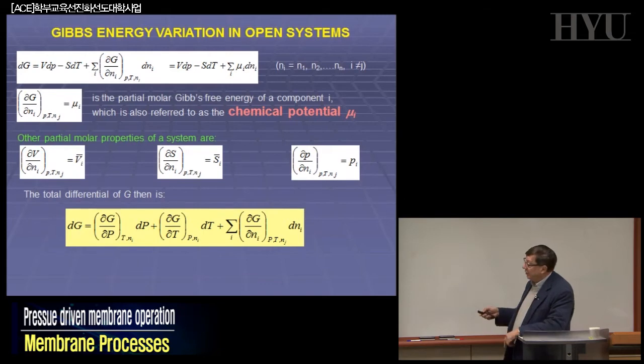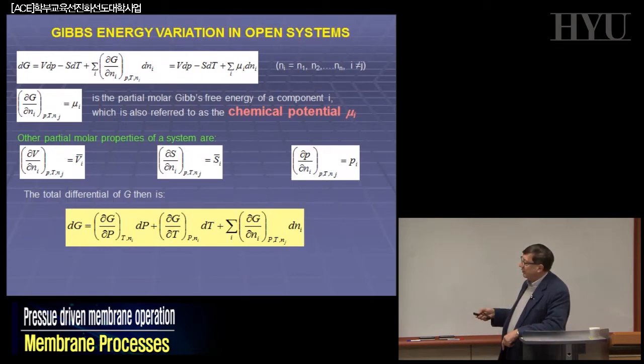So this is the chemical potential of the species i. In a system with more components, the chemical potential is nothing more than the differential of G with respect to Ni, keeping constant all the other components j, and temperature and pressure. That is what is called the chemical potential.